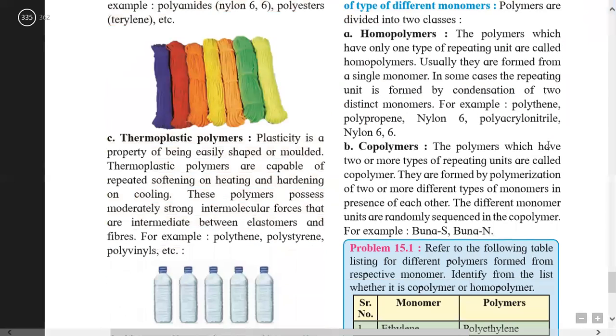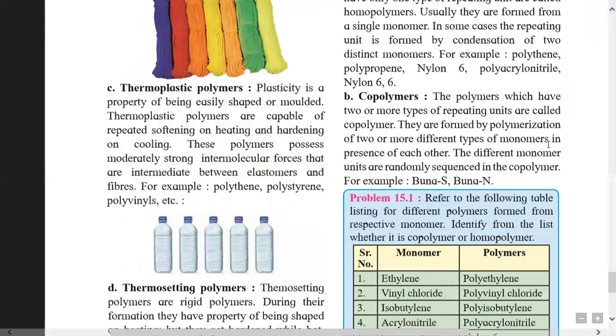Then the third type of polymer based on intermolecular forces is thermoplastic polymers. Plasticity is the property of being easily shaped or molded. Thermoplastic polymers are capable of repeated softening on heating and hardening on cooling.